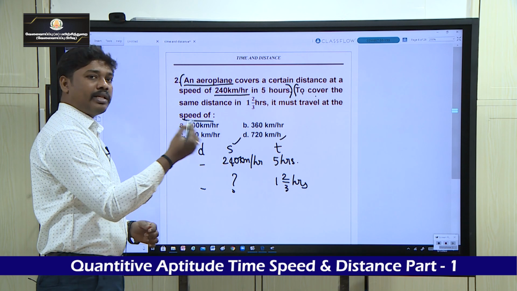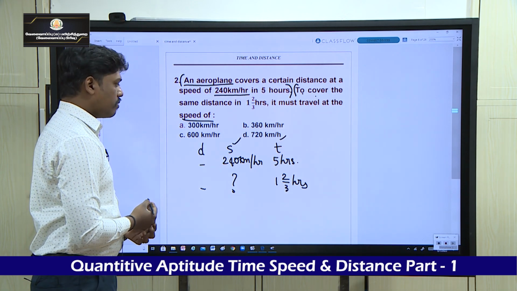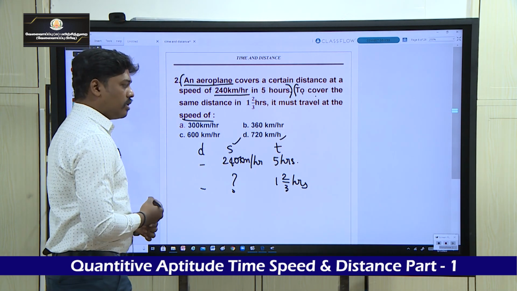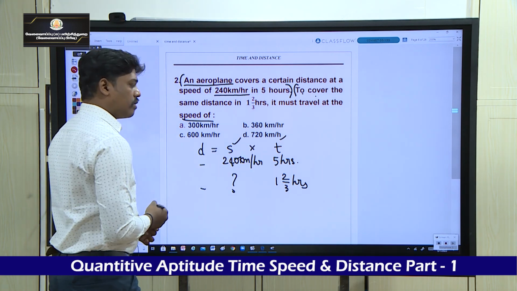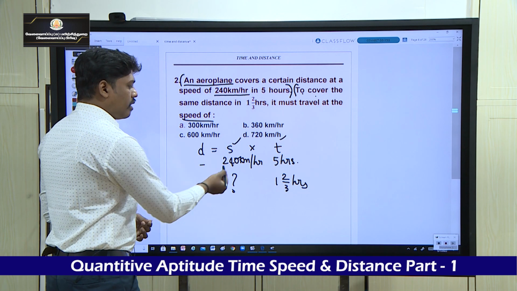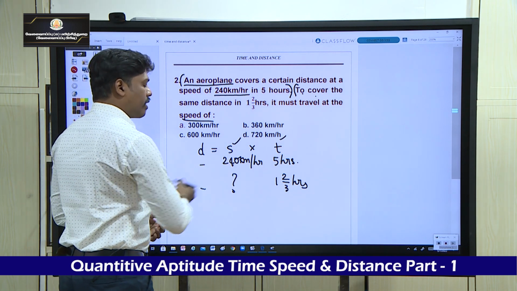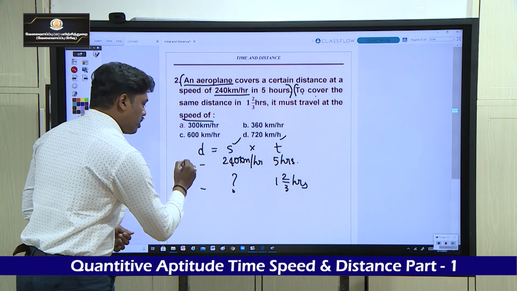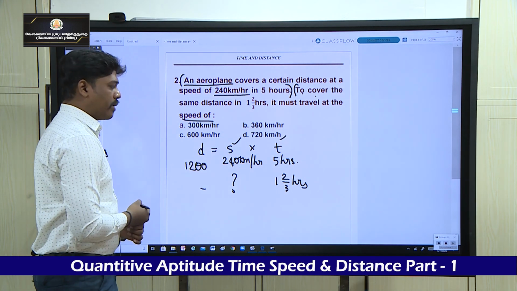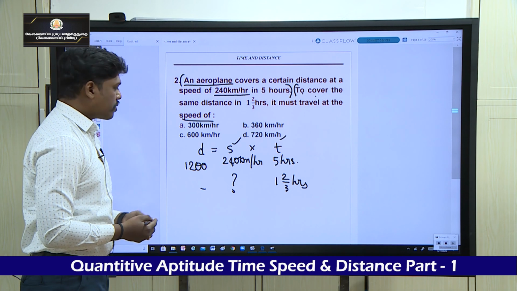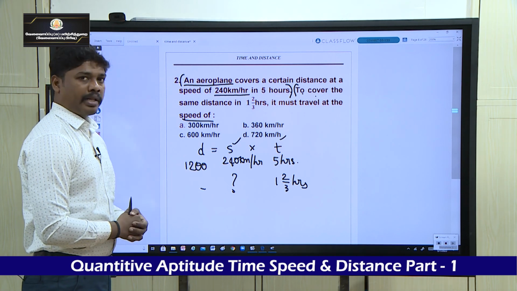So how can I calculate distance? I am having speed and time here. So distance equals speed into time. So I can multiply 240 into 5. You will be getting 1200 kilometer. Okay. So distance here is 1200 kilometer.